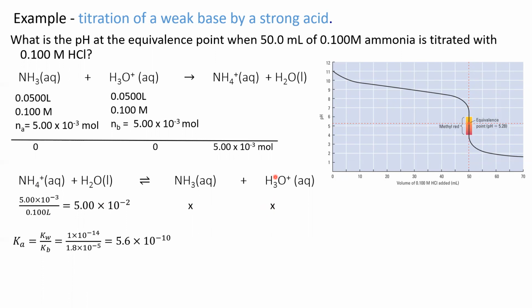So really the thing with these problems, the beginning is different, but once we get down to the end, they become very similar types of problems. So write your K expression. You've got X squared over 5.00 times 10 to the minus 2. Solve for X. X is hydronium. Calculate the pH of the solution.